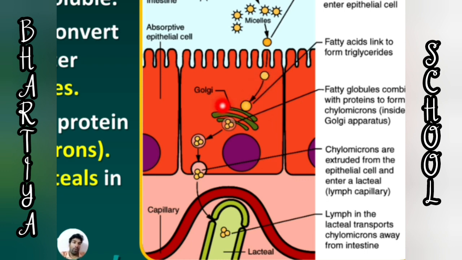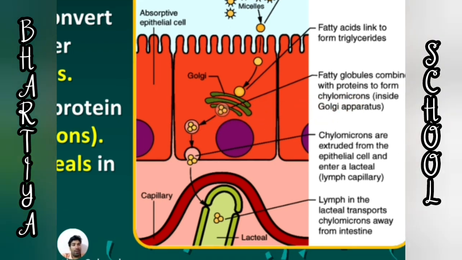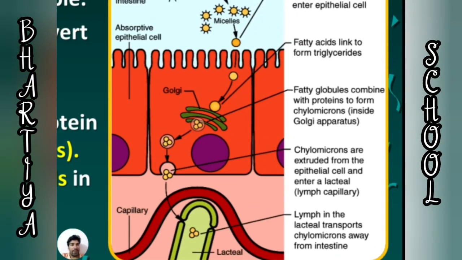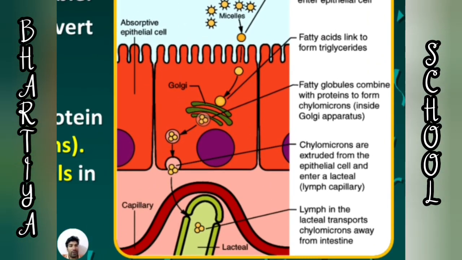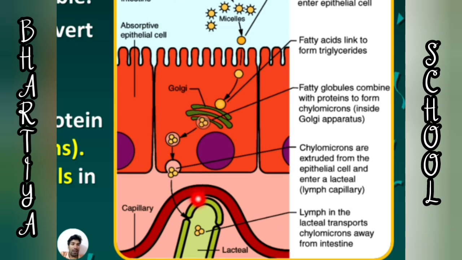In the Golgi apparatus, these triglycerides are packed into a vesicle, and these are known as chylomicrons. These chylomicrons are transported into the lacteals, and from the lacteals into the bloodstream.